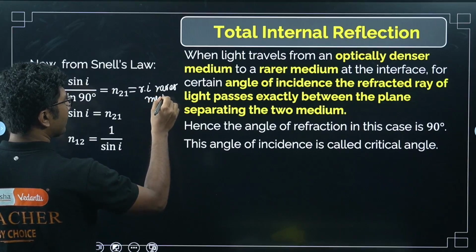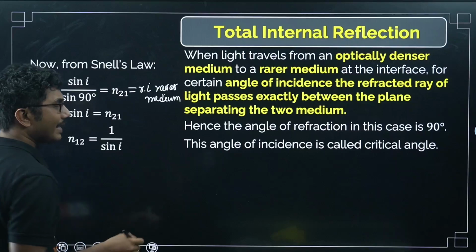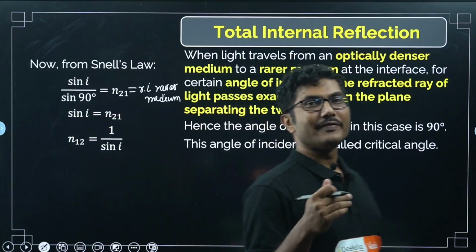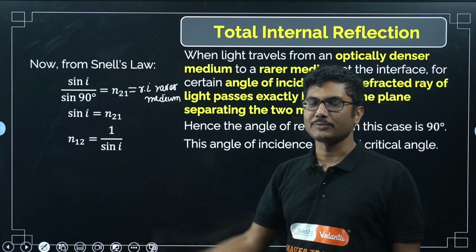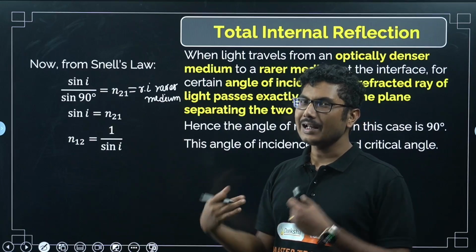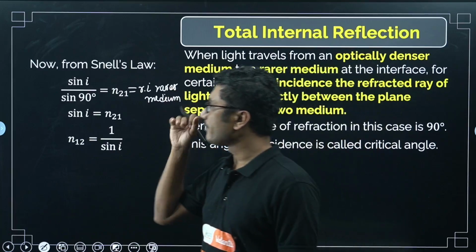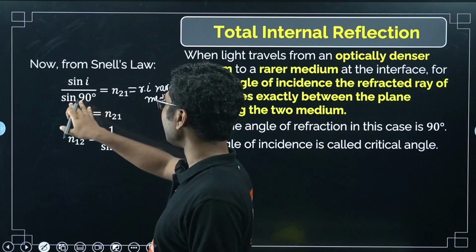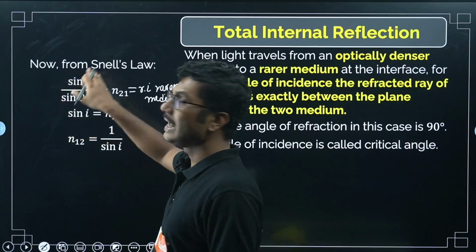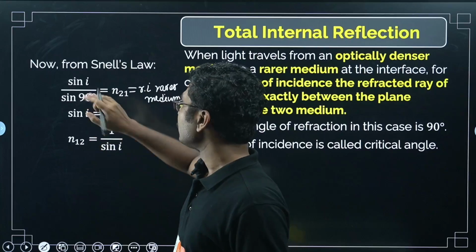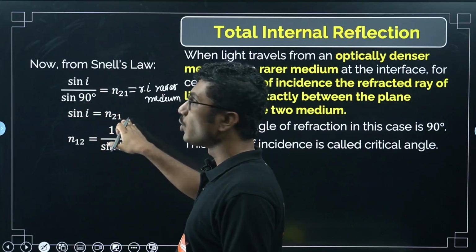Don't get confused. Why rarer medium? Because light is traveling from denser medium to rarer medium, so the rarer medium is our second medium. So the refractive index of the second medium can be written as sin i by sin 90. Sin 90 value is 1. So sin i is equal to n21.